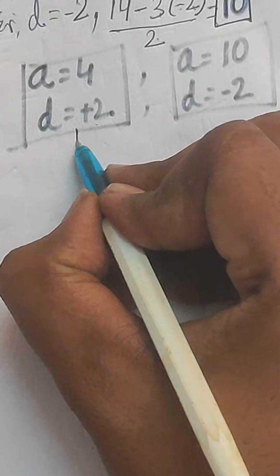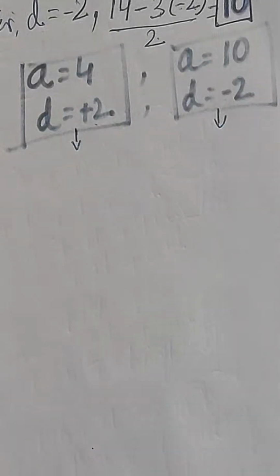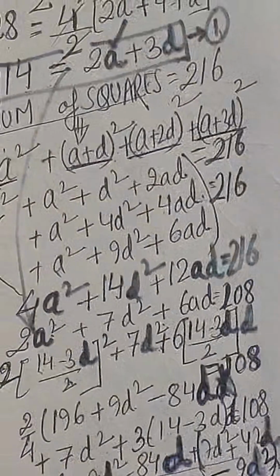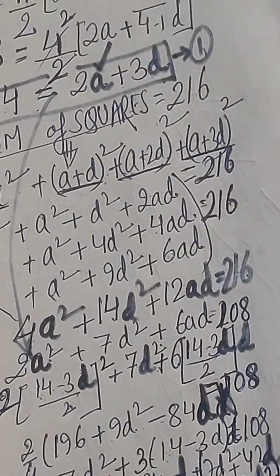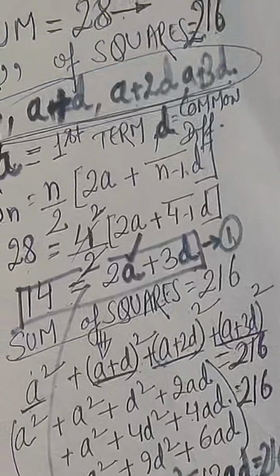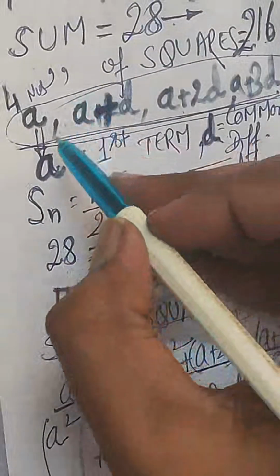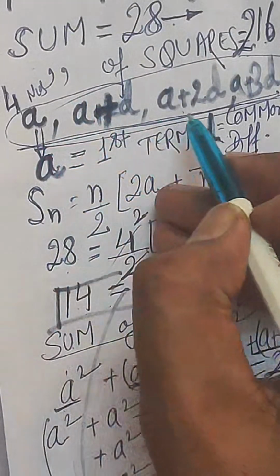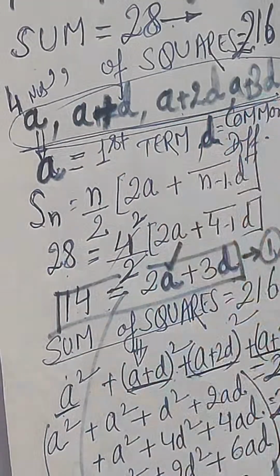So what we have already decided, we have already assumed these were the four terms of our AP. What are those four terms? A, A plus D, A plus 2D, and A plus 3D, right?